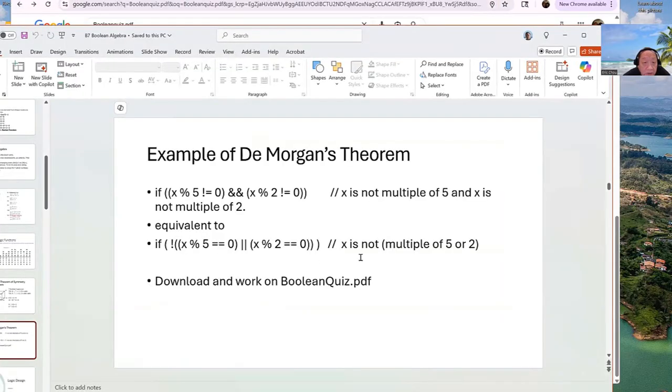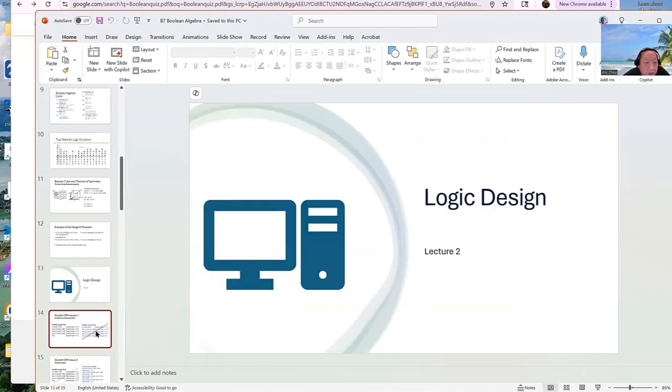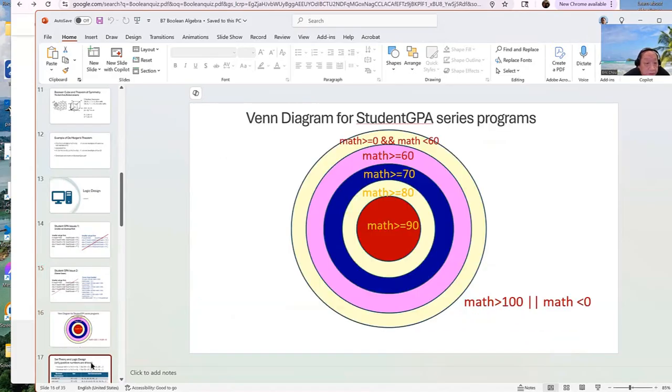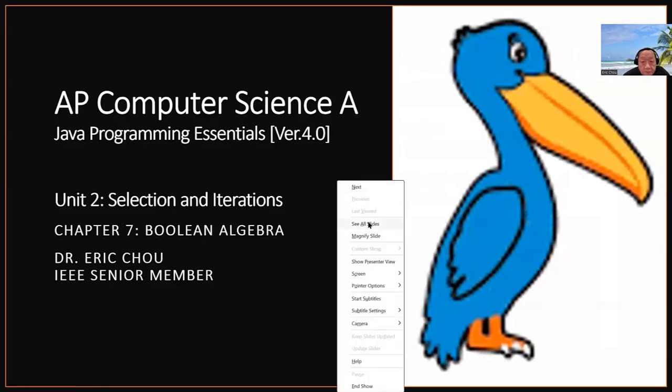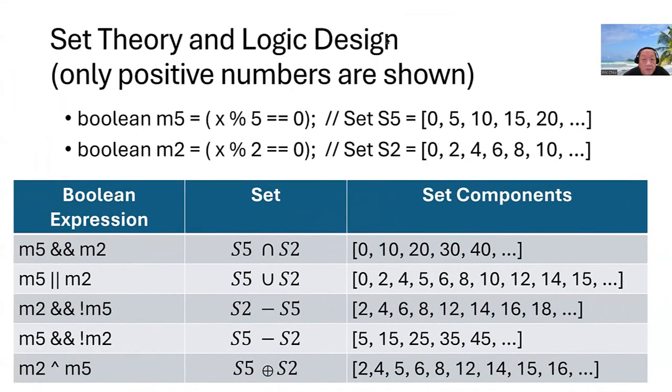Anyway, let's go back to here, okay? This one is logic design. Okay, let's go to this set theory first. You declare Boolean m5 equals n modulo 5 equals 0.